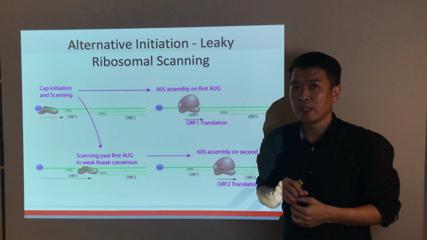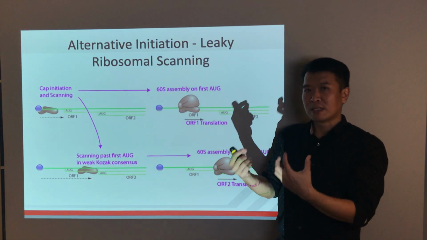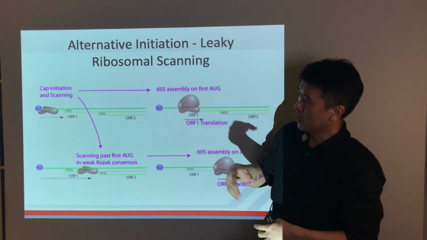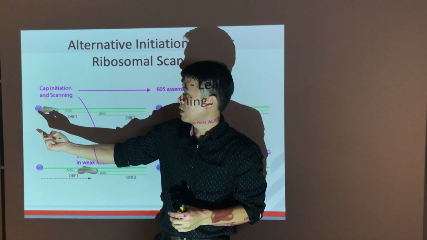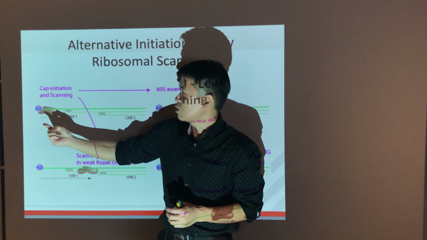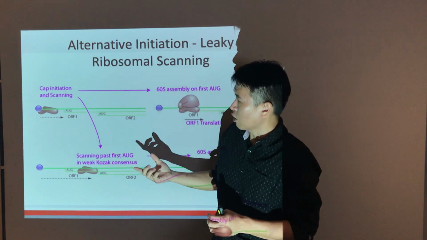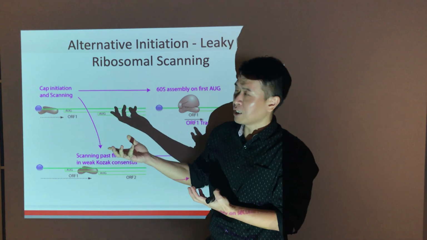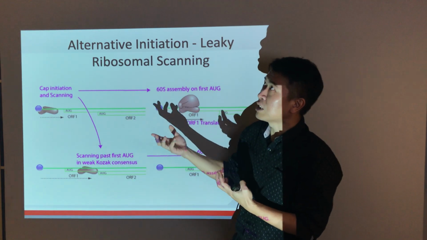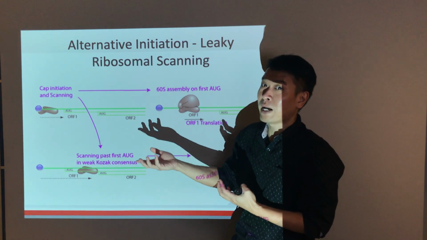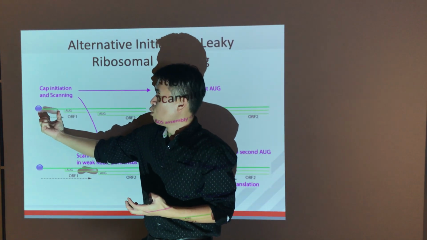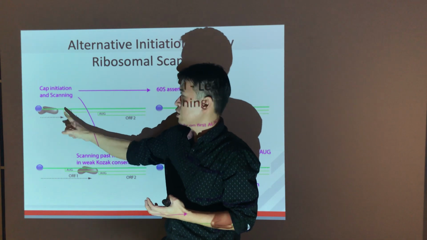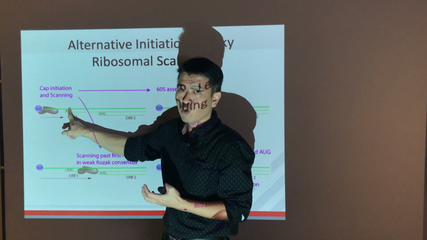So what happens during translation, I hope you still remember, is that EIF4E binds to the cap and brings it to the 43S pre-initiation complex, which will become the 43S initiation complex-mRNA. This complex will then move along the RNA to find AUG.